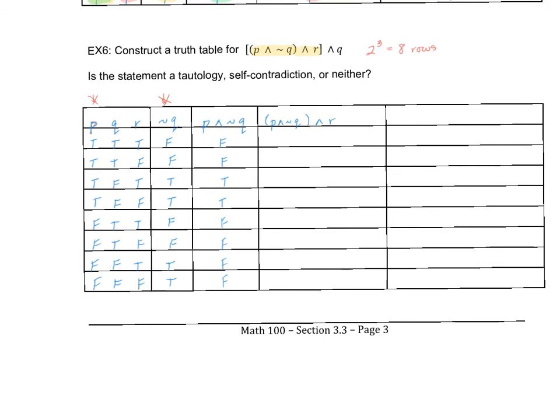I'm looking at the P and not Q on one side of my and, and the R on the other side of my and. So this is going to be a false, true if you go in that order, but since it's an and, order doesn't matter. If you went the other way, it would be true and false, which is false.